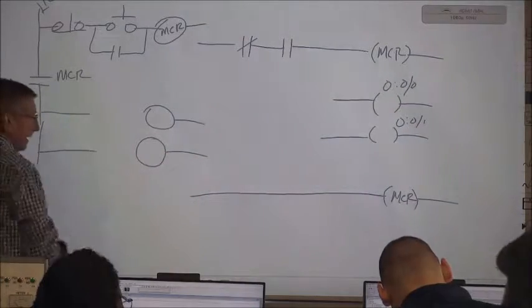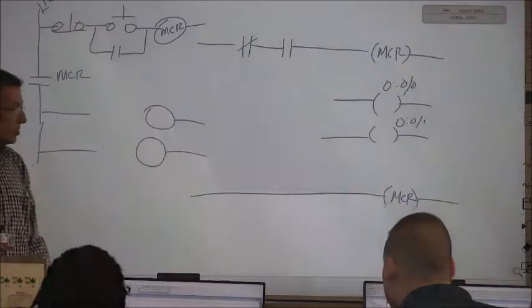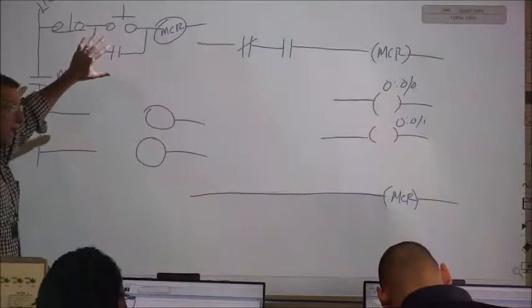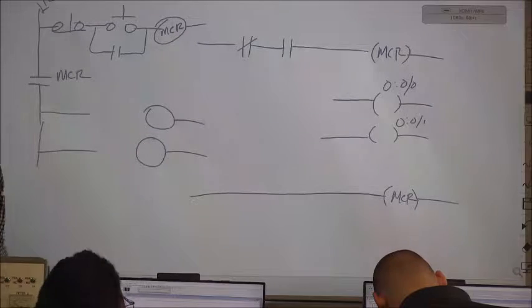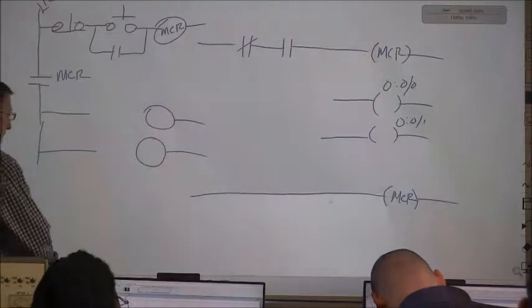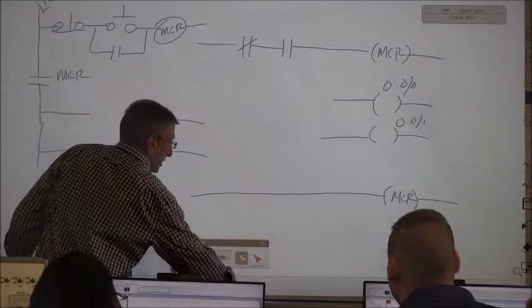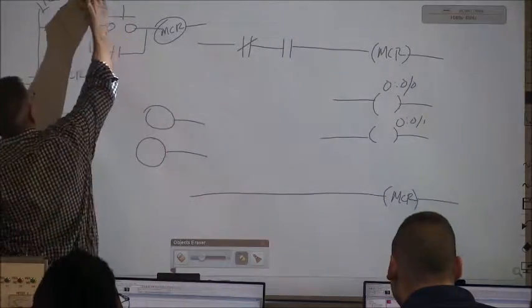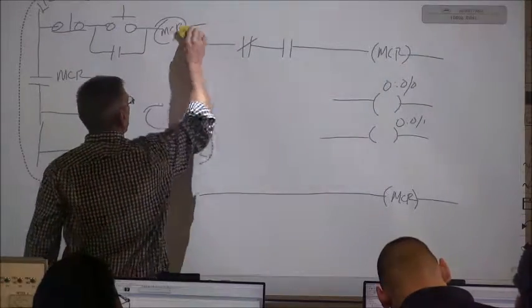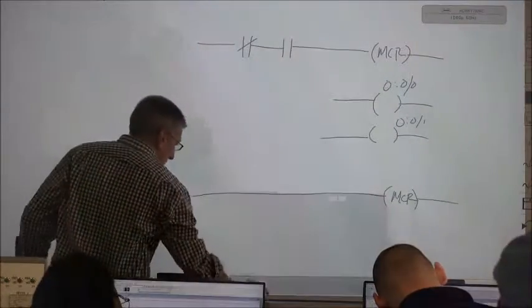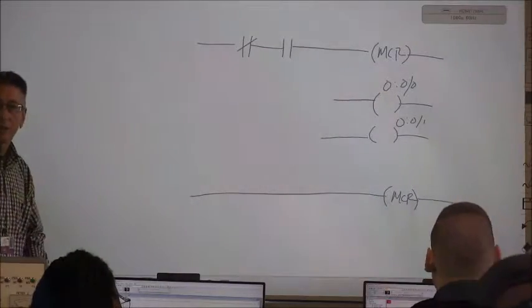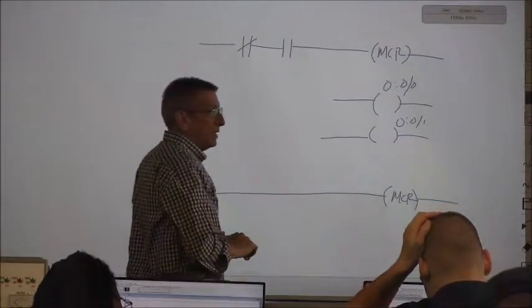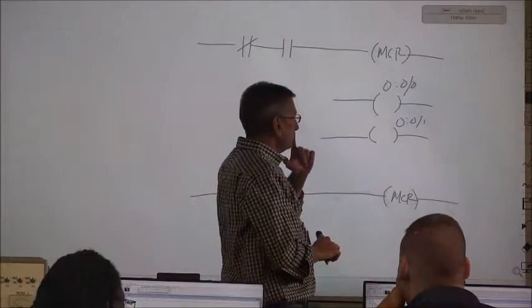As soon as that relay drops out, it's going to open the contact and shut off all the control voltage from the contact down. Same principle. Same thing. Except it's called master control reset. I don't know why Allen-Bradley decided to name it that. Group of engineers again, would be my guess.